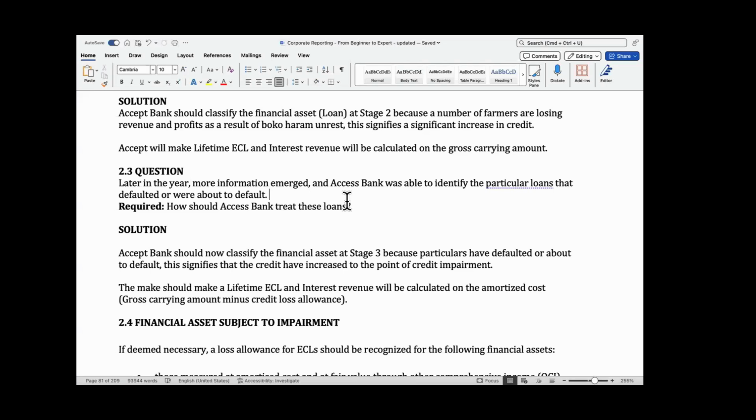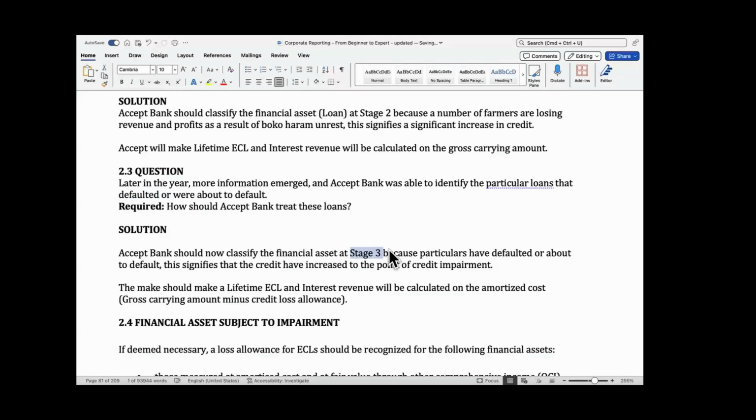How should Asset Bank treat these loans? Okay, so they say later in the year, more information emerged, and Asset Bank were able to identify loans that, okay, now there's a default. Now there is a credit impairment. Yes. So that means immediately we'll classify it as stage 3.